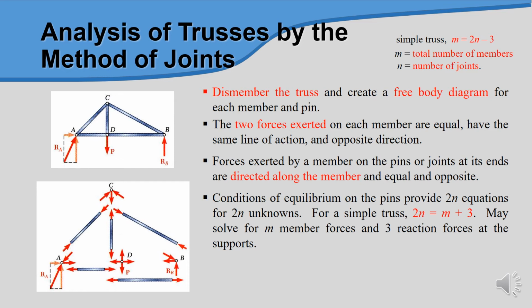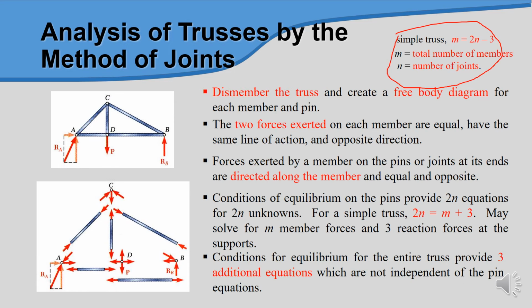This one is basically from the previous equation, so if you have the n value, you will obtain the value of m. The conditions for equilibrium of the entire truss provide 3 additional equations which are not independent of the pin equations.